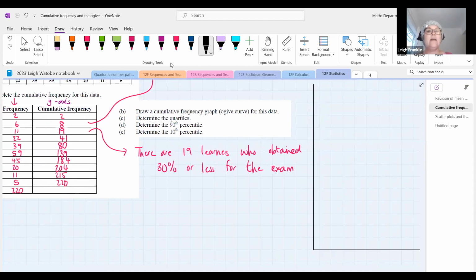So let's go up in 20s here. We'll go 20, 40, 60, 80, 100, 120, 140, 160, 180, 200, 220, and then we'll just go to 240 like so.